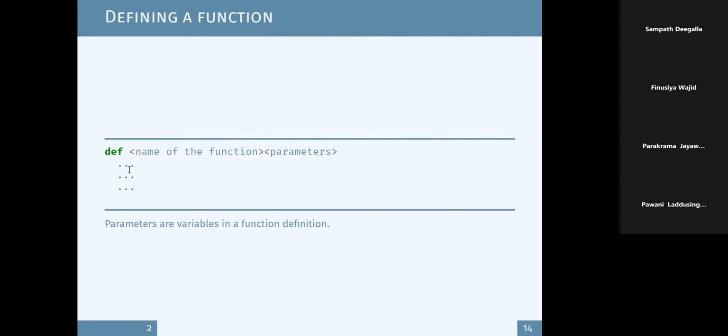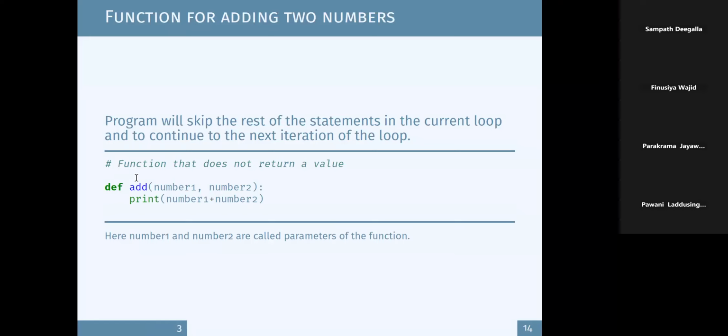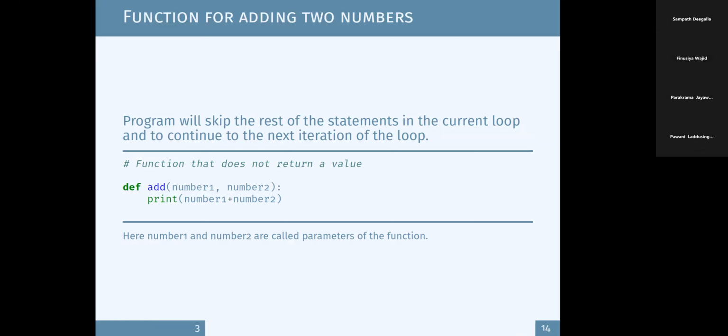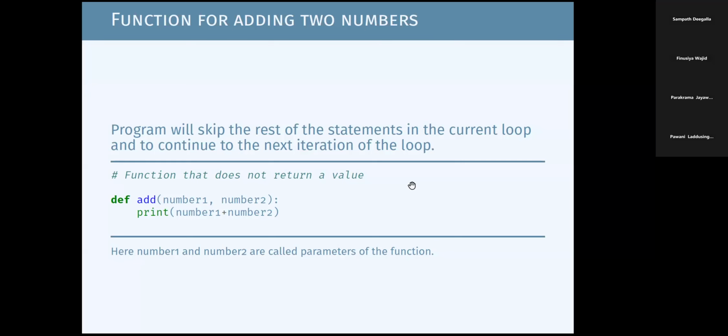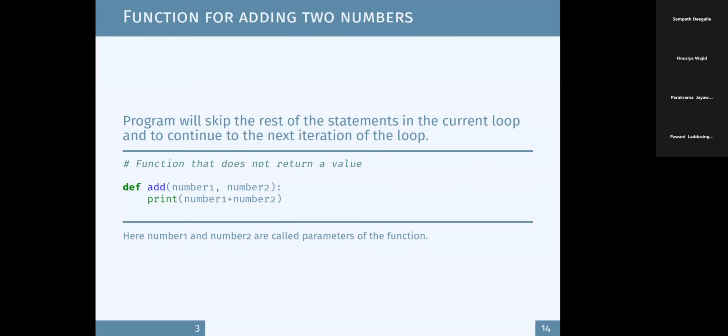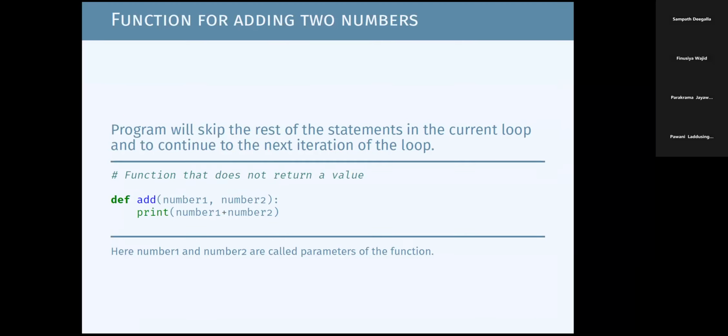Okay, so let's look at this with an example. In this particular example, I'm going to create a function called add. So let me open up the IDLE environment. So we have IDLE here. And then what we are trying to do is add two numbers.